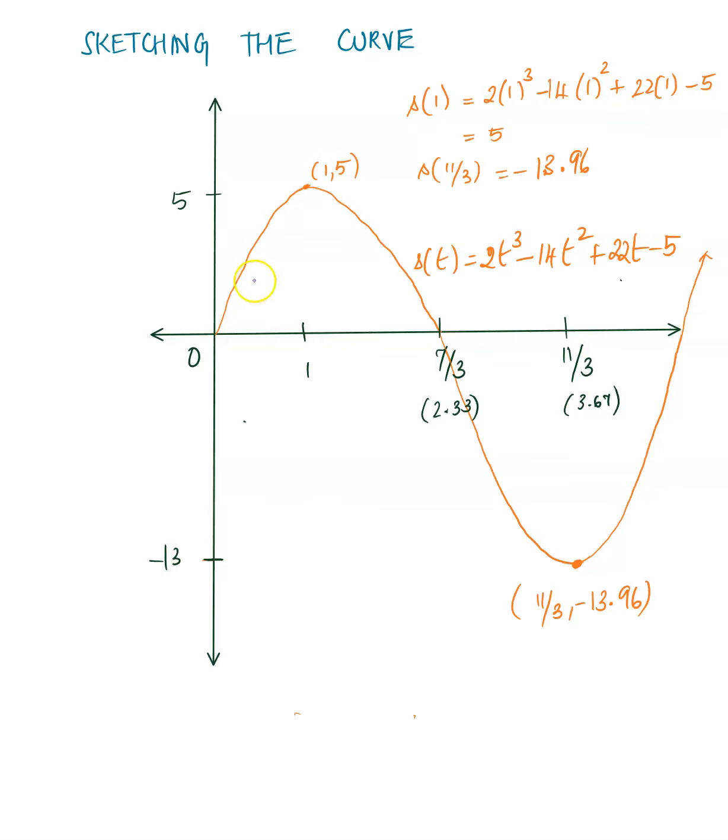And I want to say that this is increasing, decreasing, concave down. And then this portion again was decreasing, concave up. This portion was increasing, and this was concave up.